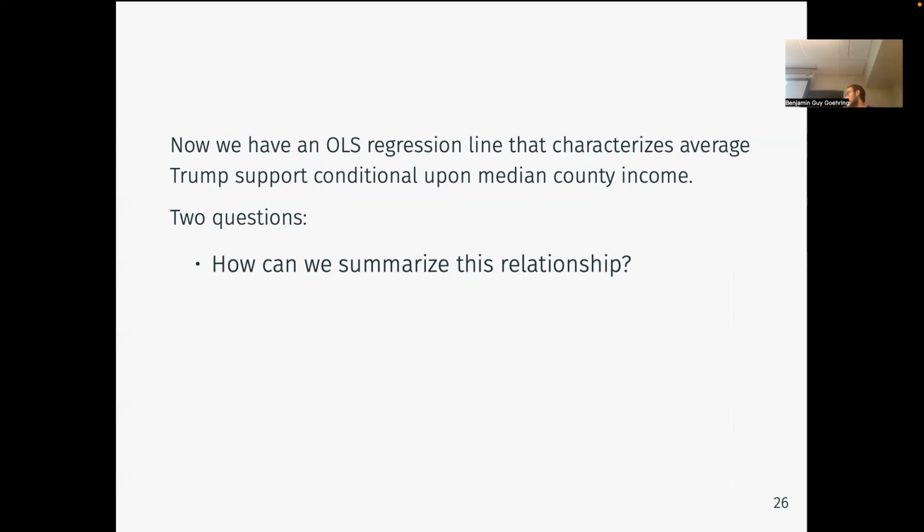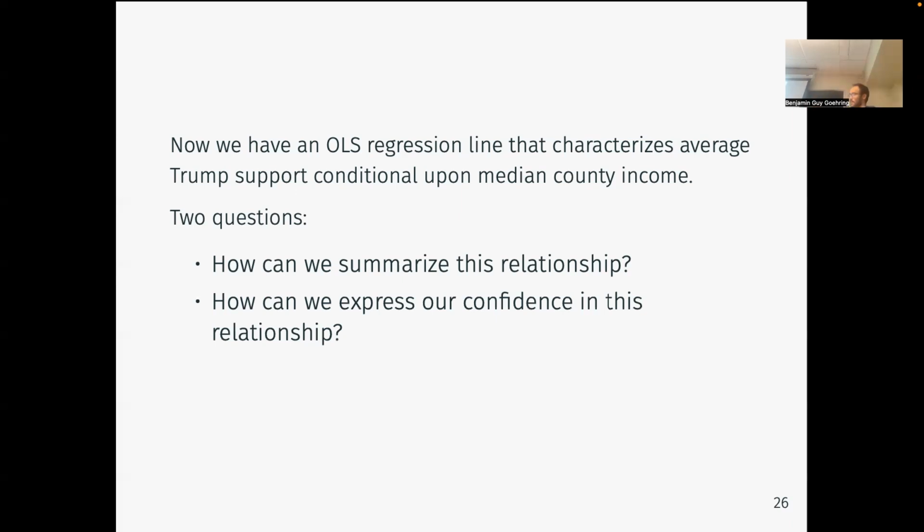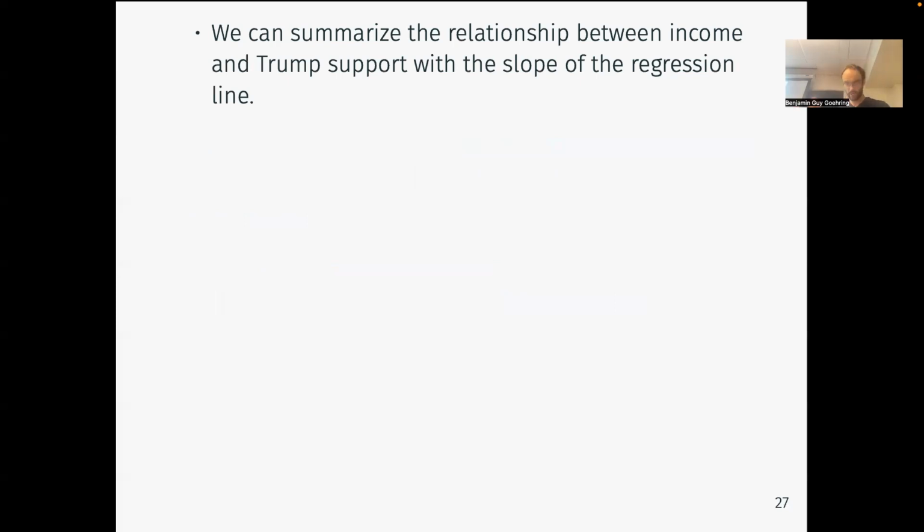Right now, we have a line, and that line is negative, suggesting that as county income increases, Trump's share of the vote decreases. But we could be a bit more formal about what exactly that blue line is telling us. The other thing is how confident are we in what this blue line is telling us? That one's tricky, but we're going to talk about summarizing first.